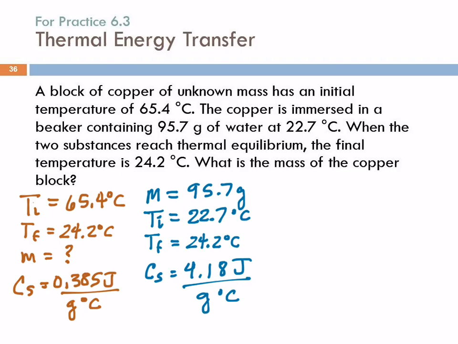The copper is losing energy. The water is gaining that same amount of energy. So Q for the copper is equal to negative Q for the water. You could put the negative sign in front of the copper. It doesn't matter. They're just going to come up being opposite.